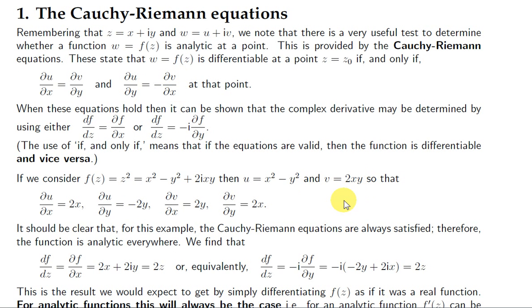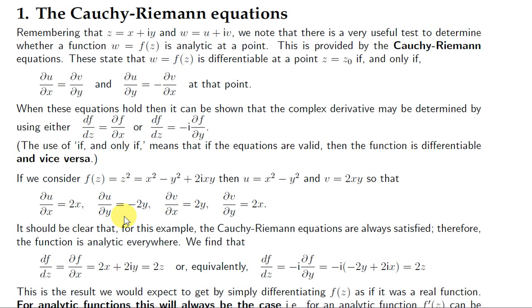So when we differentiate with respect to x, we get 2y. Now you see that du dy equals minus dv dx. We just minus this here, we get du dy. And you see that it doesn't matter what z0 is, or the point x comma y is, these relations hold.